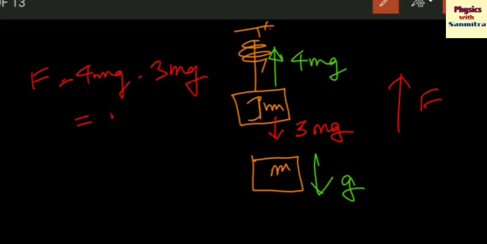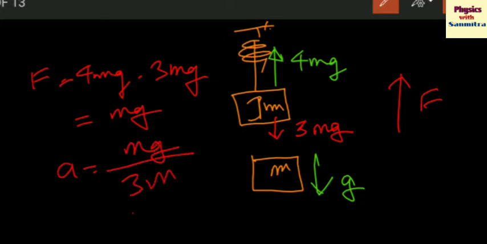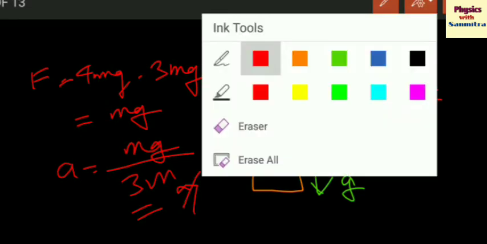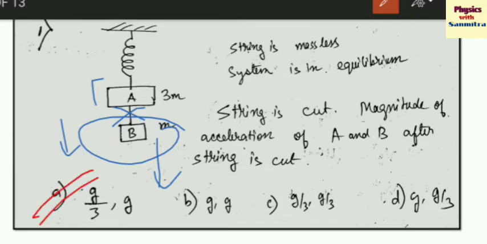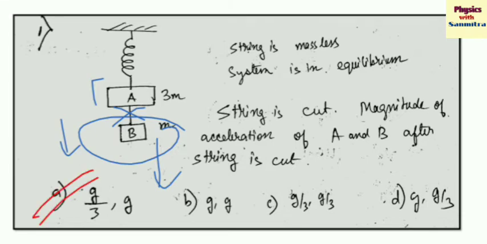So the net force will be mg. So what will be the acceleration? Net acceleration will be net force mg by mass 3m, so that is g by 3. So acceleration of A is g by 3, acceleration of B is g, so option A is the correct answer. Moving on to the next problem.